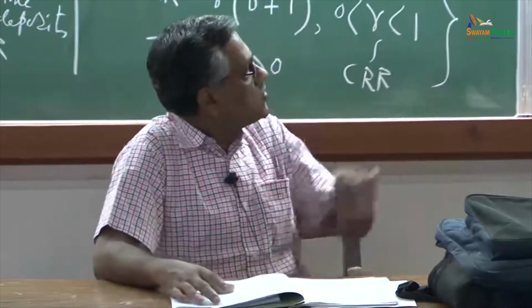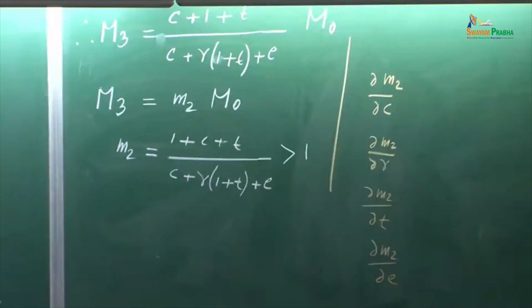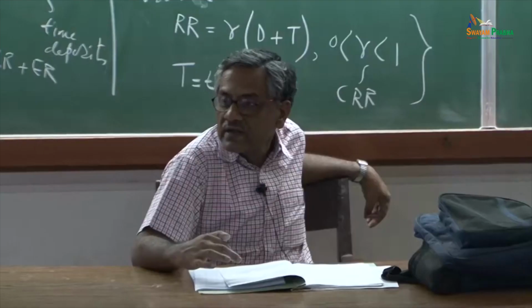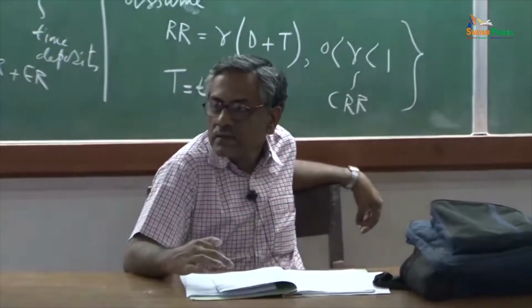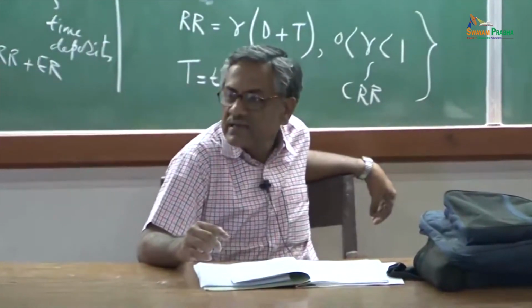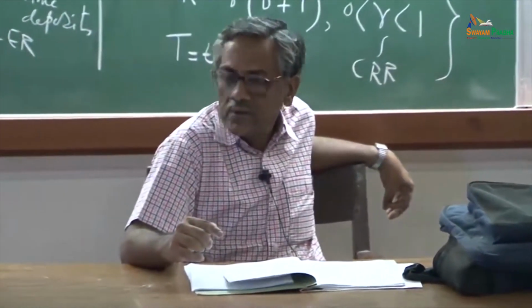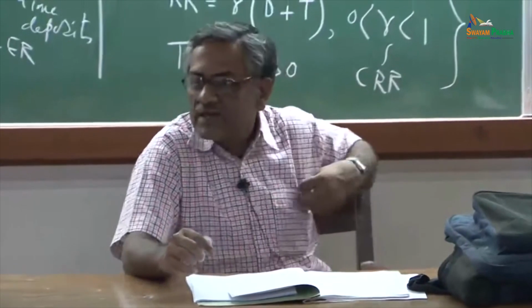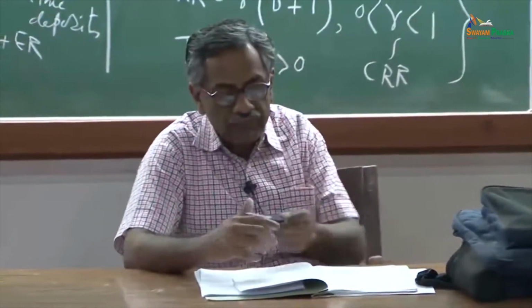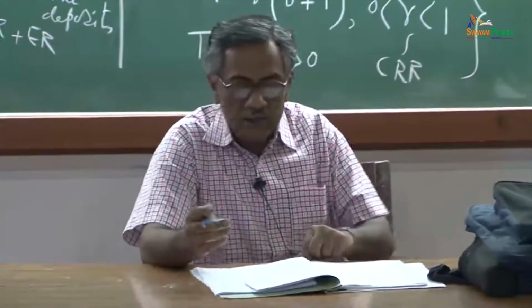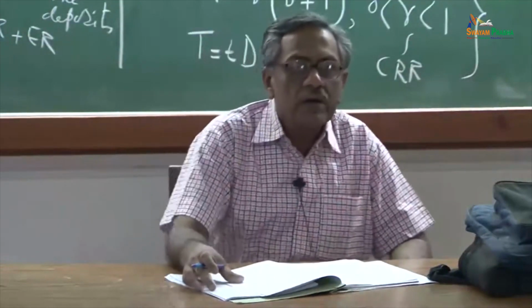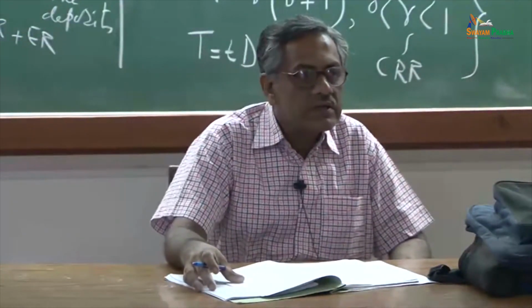When you differentiate di M2, not M3, di M2 with respect to di C, what will happen? You tell me what algebra you have. My algebra is incorrect here. So, you have E minus 1 minus gamma into 1 plus t, is it correct?